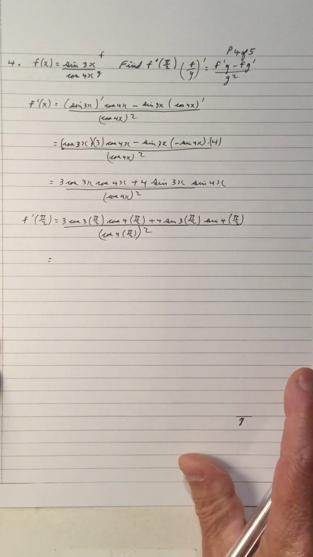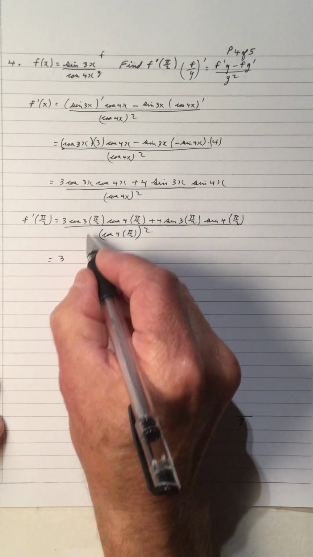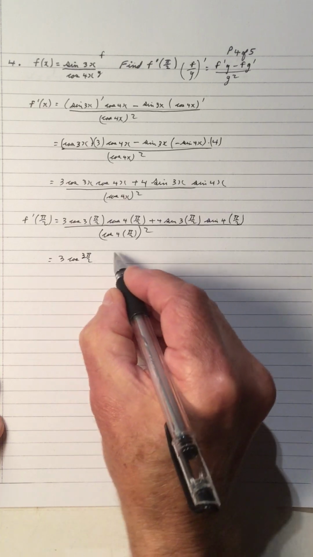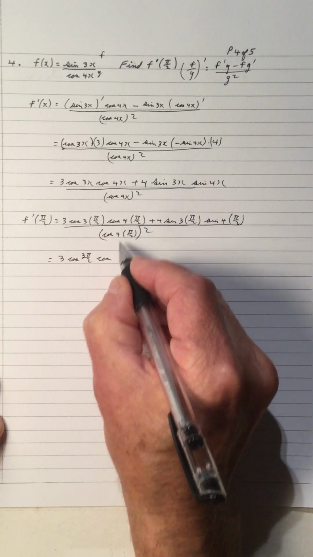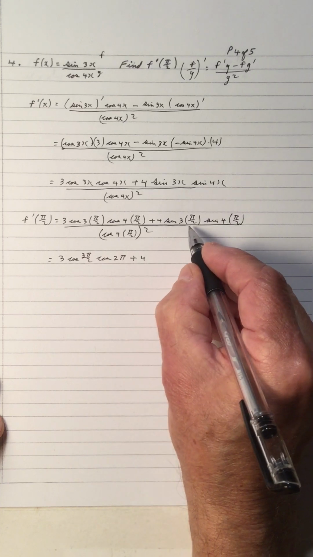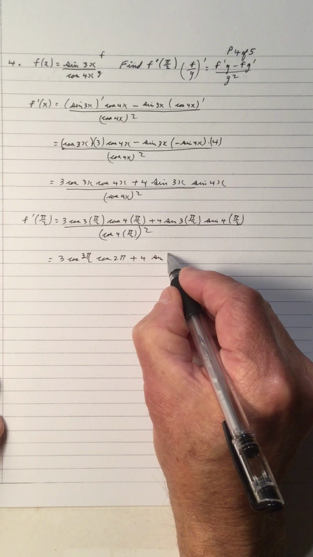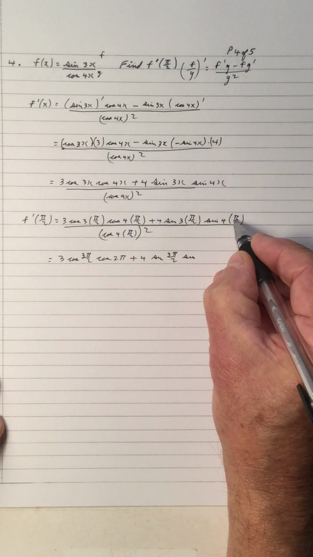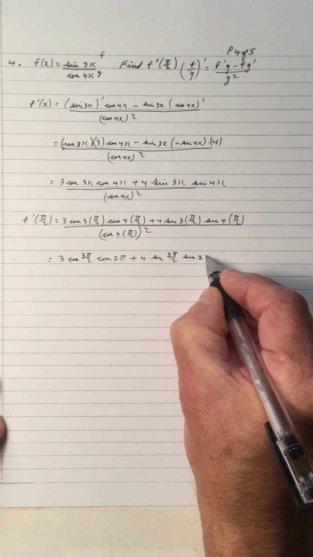So we have 3 times pi over 2, which is the cos of 3 pi over 2. And cos of 4 times pi over 2, 2 into 4 goes 2, so that's 2 pi, plus, and right here we should have the sine the same as here, so that's 3 pi over 2, and this 4 times pi over 2 is the same as here, so that should be 2 pi.